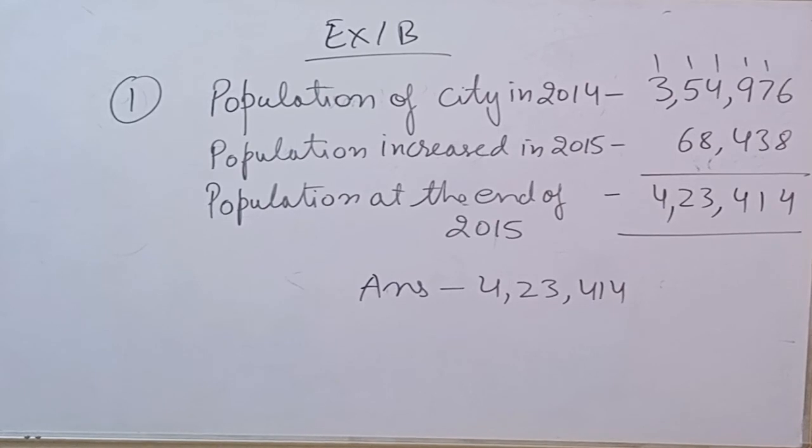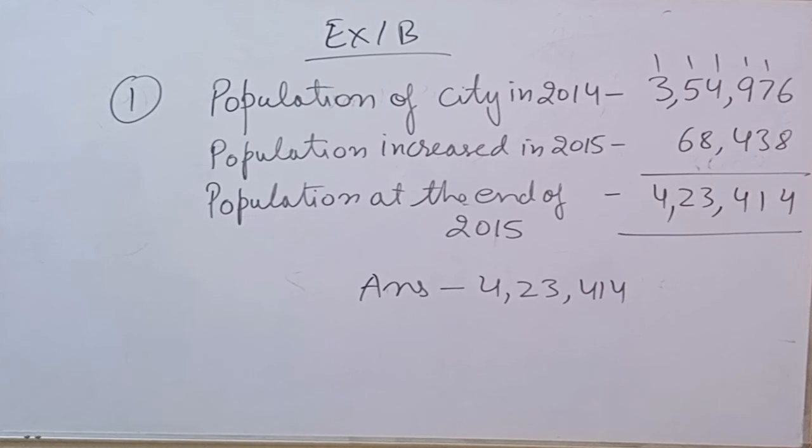Children, I am going to take question number 1 of exercise 1B, in which the given population of a city in 2014 is 3,54,976, and it is increased in 2015 by 68,438. So we have to find out the population at the end of 2015.